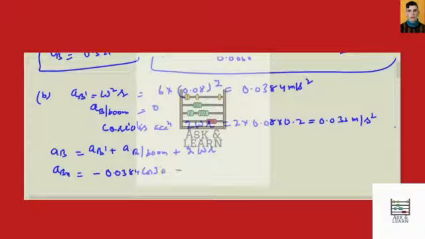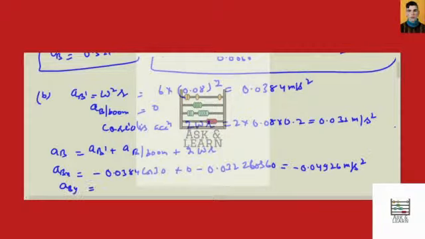Now friction does work. Friction does negative work. Negative work is done by the friction, increasing parachute velocity.